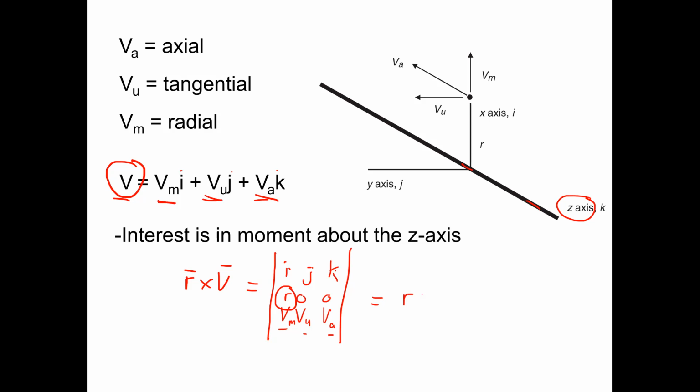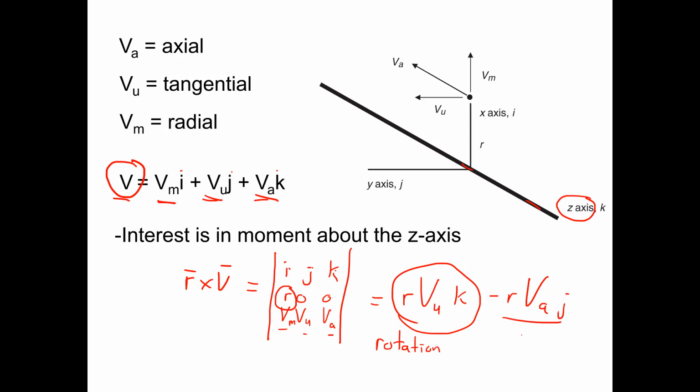I would get the following, where this component is considered rotation, and this component is what we would call the only component about the z-axis.